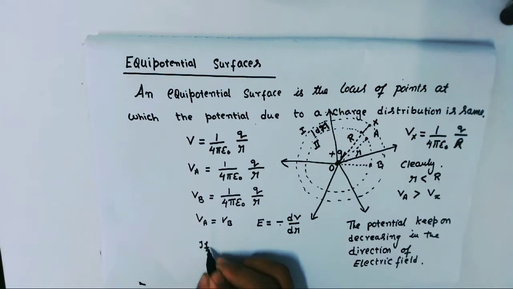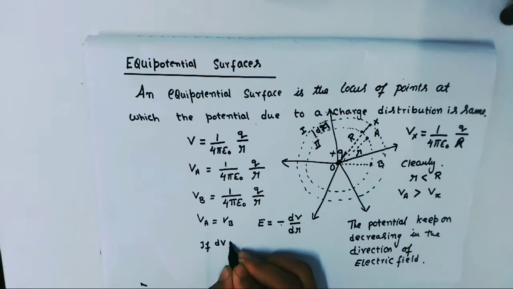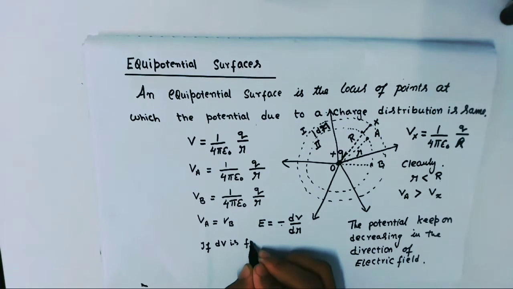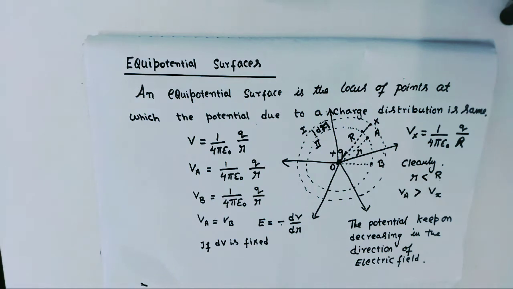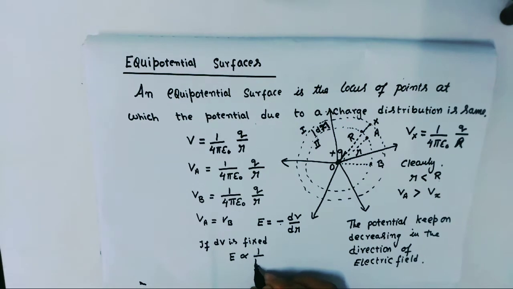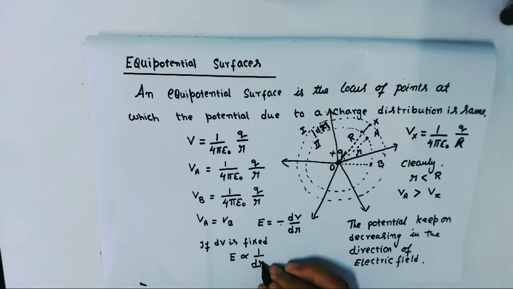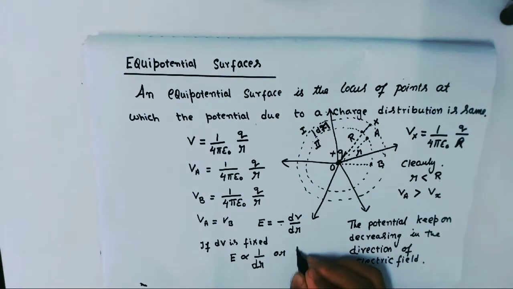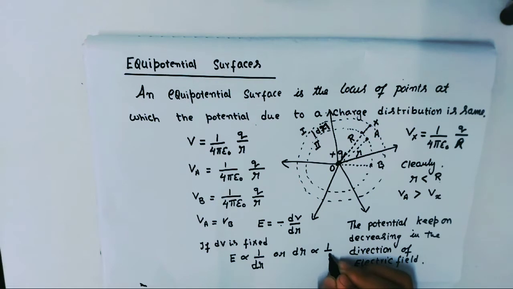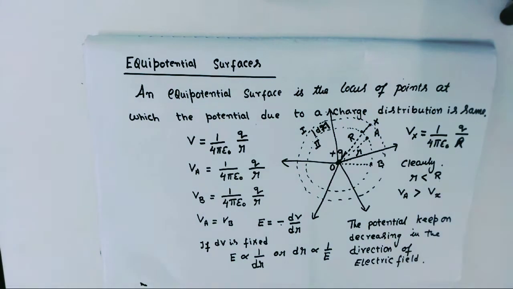Suppose if dV is fixed, then what is E? E is inversely proportional to dr. Or we can say that dr is inversely proportional to the electric field.